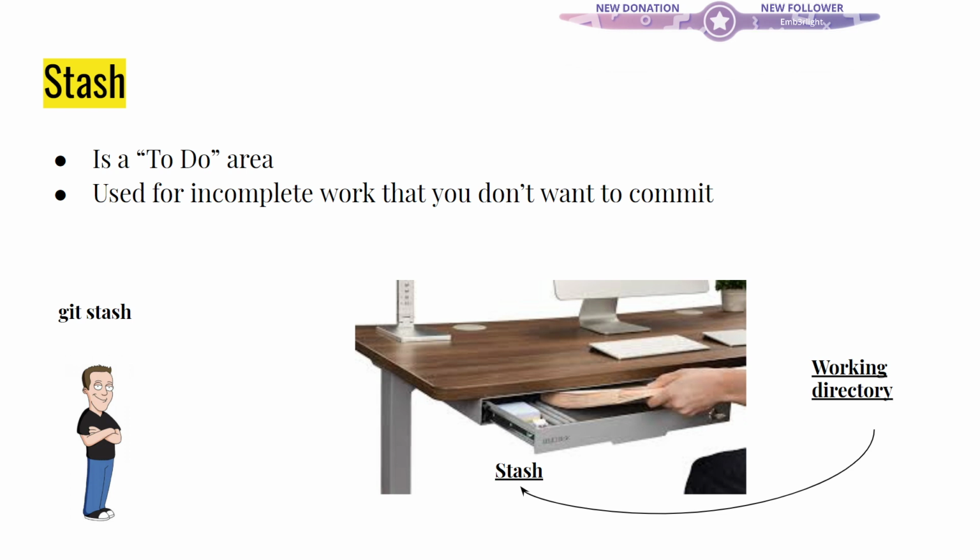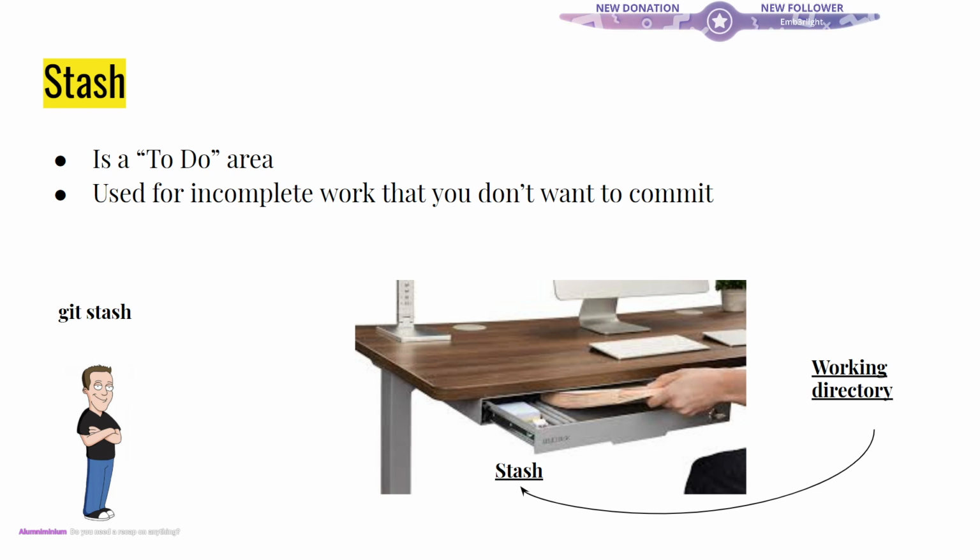Now, what do we do if we're working on a feature and we're suddenly interrupted? Like, we suddenly have something better to do, and we need to stop our work and do something else with the same code. What do we do? The answer is stash. We can stash our work for later. Stash is like a to-do area where you basically put files on a stack, just files as is.